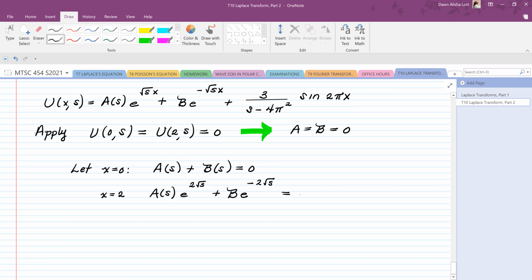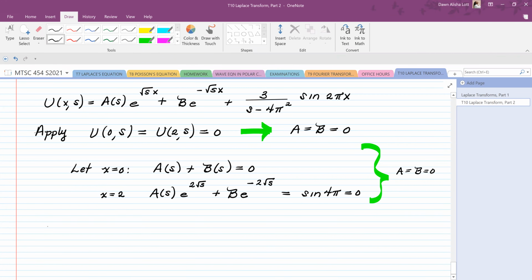And that has to equal the sine of 4 pi, and that's 0. And so these two things give you a equals b equals 0.